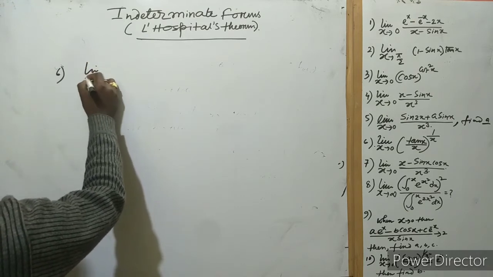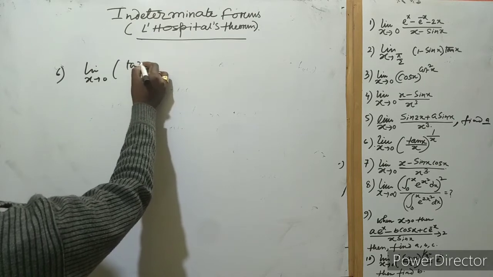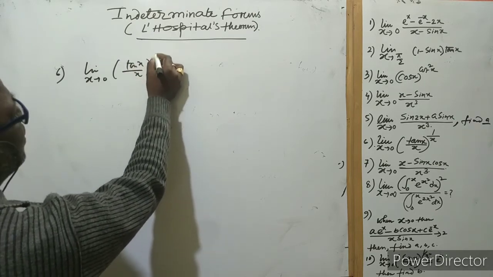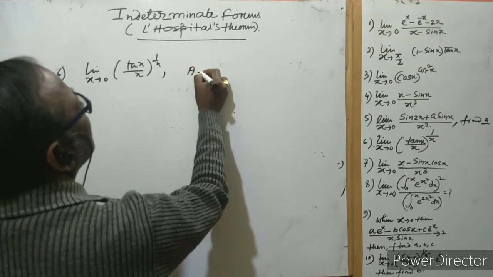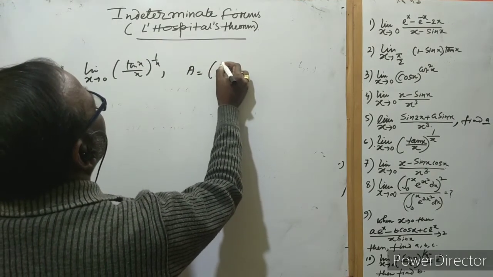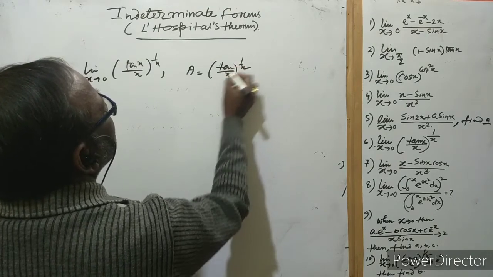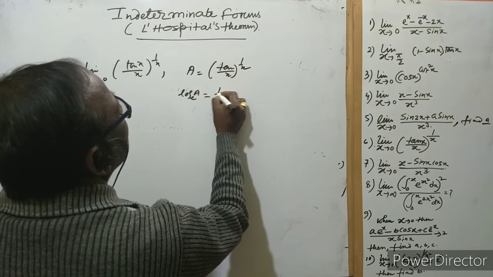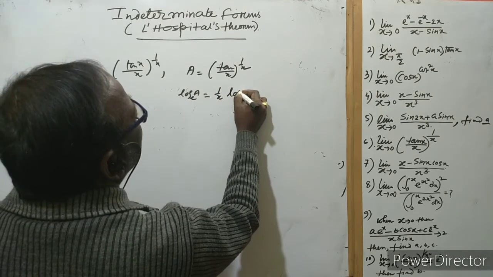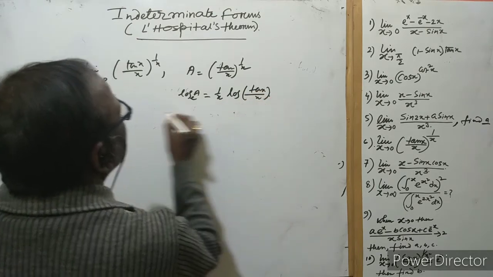Limit x tends to 0, (tan x by x) to the power 1 by x. Again, this is a variable to the variable, so we take the log. Let the limit be y, so log y is equal to 1 by x, log (tan x by x).